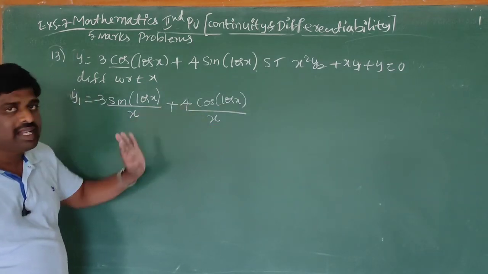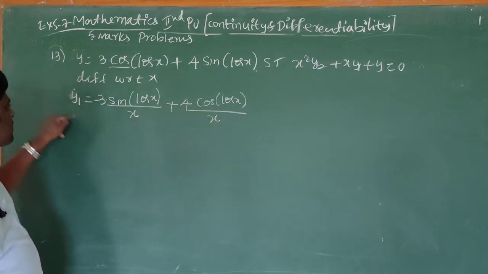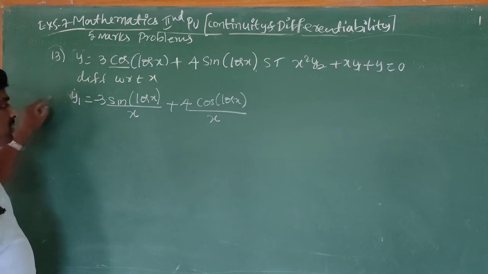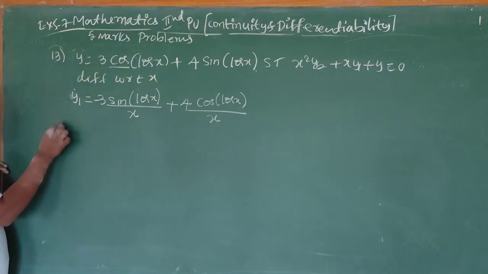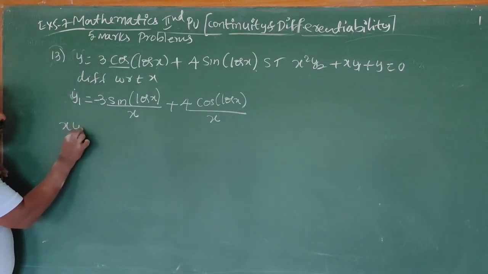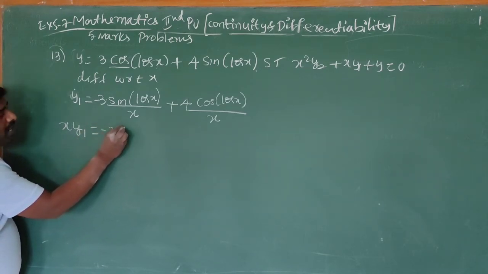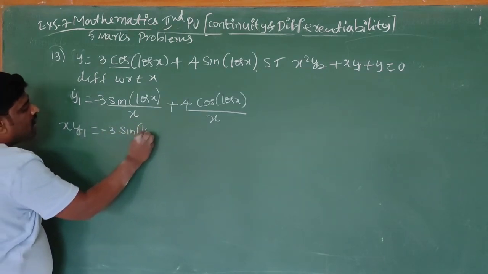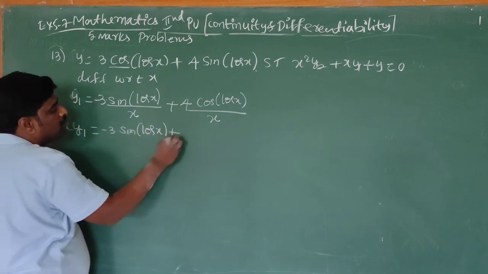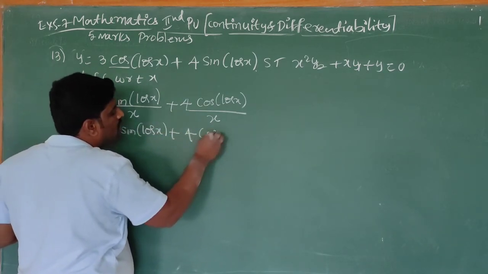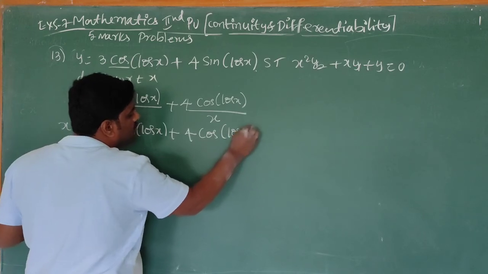Here x is the LCM. This x is multiplied with LHS. So x into y1 is equal to minus 3 sine of log x plus 4 cos of log x.